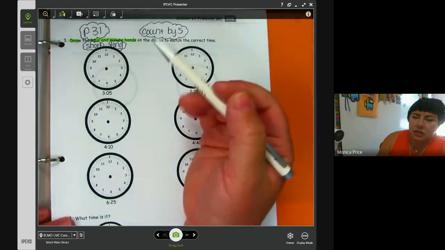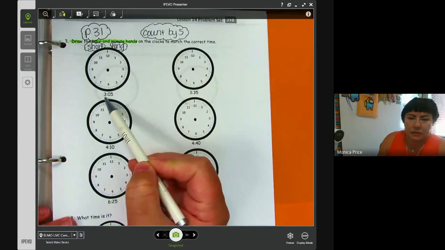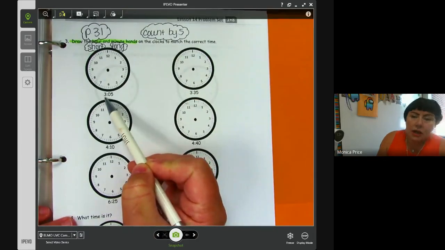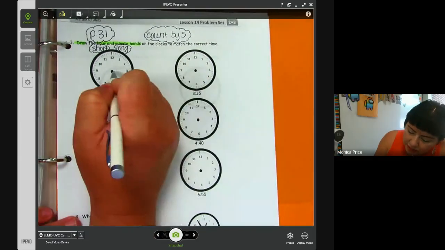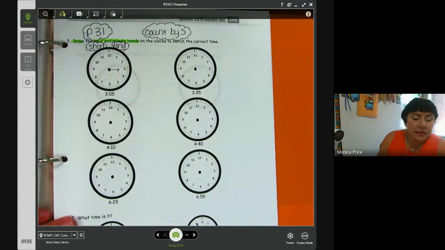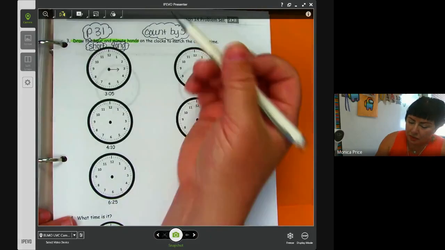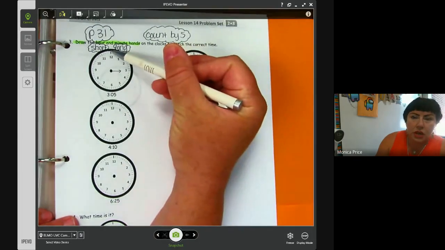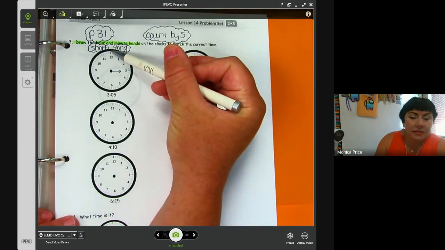So the first thing we're going to do is focus in on the hour, which is 3. So I'm going to draw my short hand to point to that 3. Then I'm going to want to remember that I'm counting by 5. So of course, the 12 is 0 as far as when we're counting minutes, right?